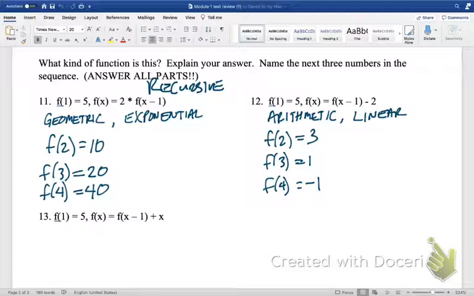For number 13, again, we know it's recursive, but this time we're adding an x. And if you recall from the review sheet that we have, when you have that x added out there, it is considered a quadratic function. Okay. So because of that, f of 1 equals 5. We need to find f of 2, f of 3, and f of 4.